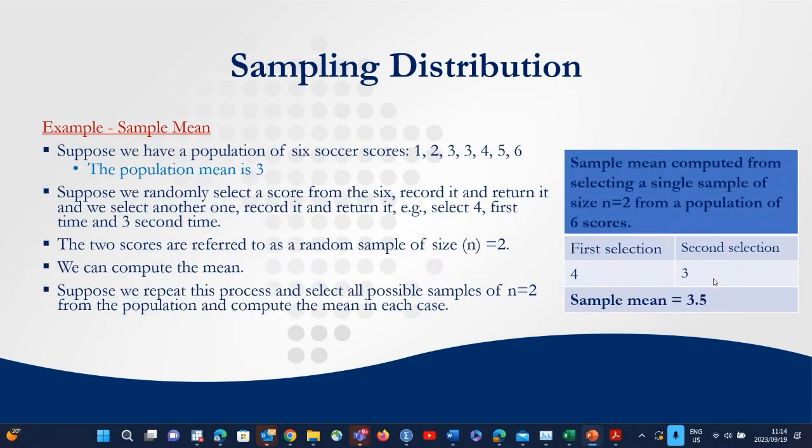So it's another example here. If we have 6 soccer scores, right? So these are the scores here. I have 2, 4, 6, 7. Actually, I think there are 7, not 6. Yeah, there are 7.